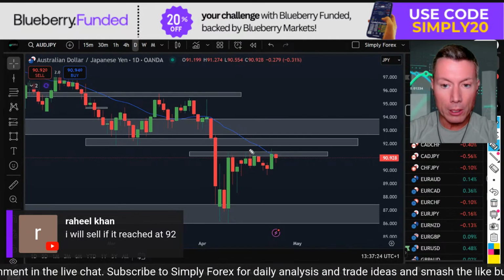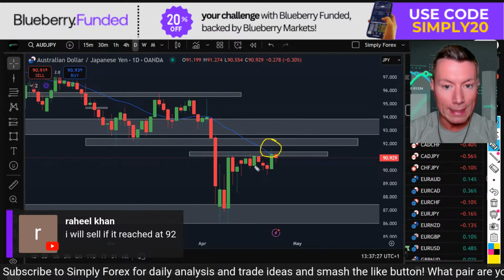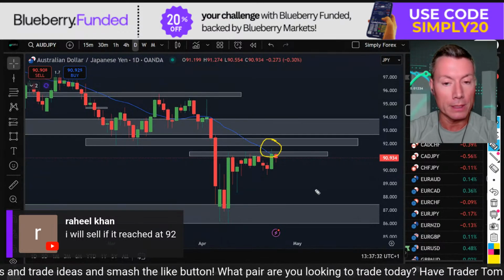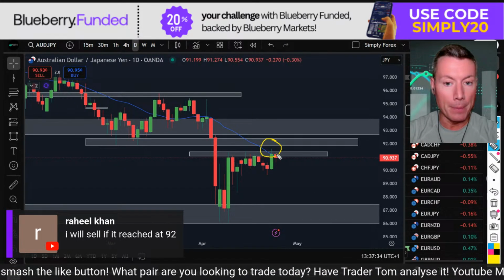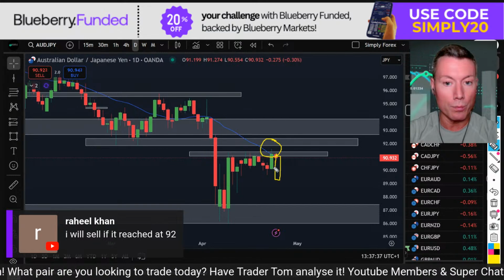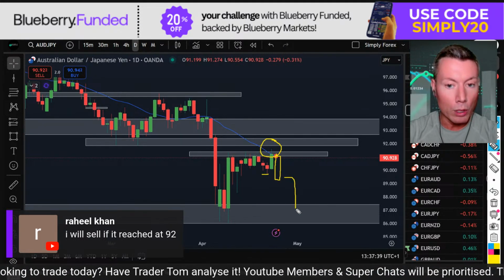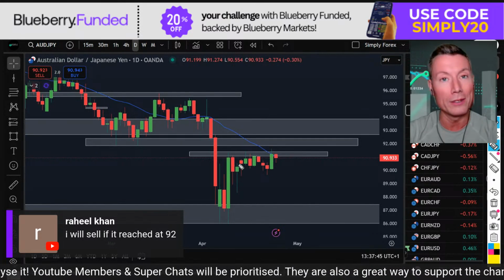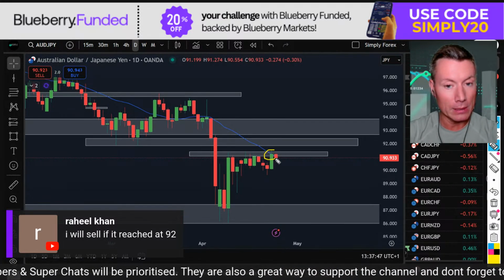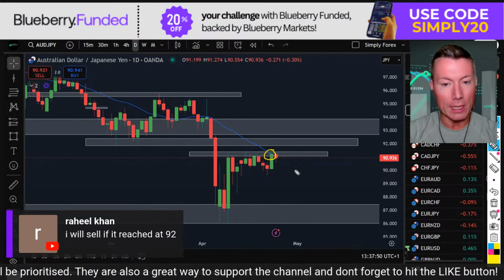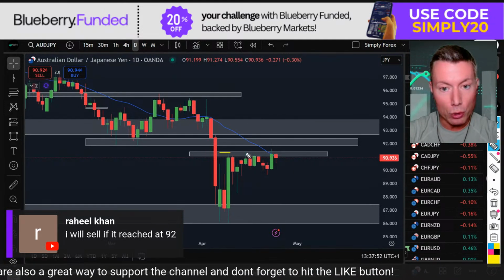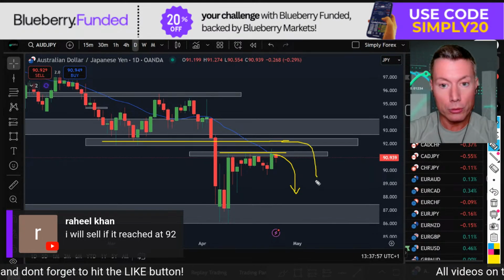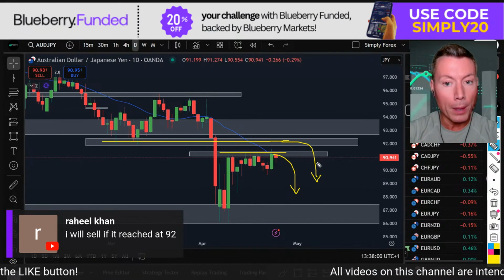So pretty much Aussie dollar yen, I know I won't have a buy trade in here, because it's just resistance followed by resistance. If we get a big bearish candle bounce off this level, break these lows, then I'm all over selling it. But as you all perfectly said, stay out. There's no advantage in taking this trade. This level could be the turning point where it does this, or it could be that level. But the truth of the matter is we don't know. But why buy into it?